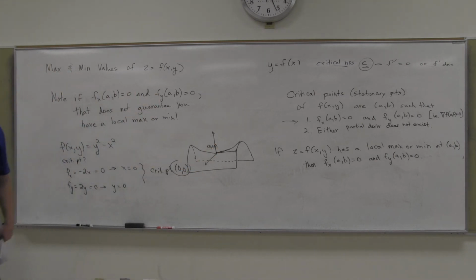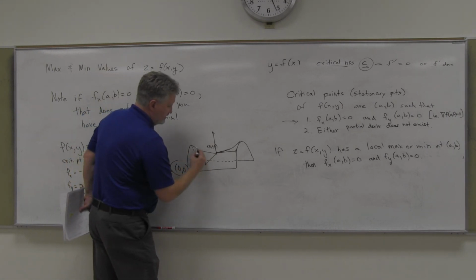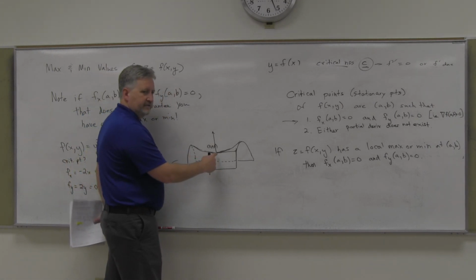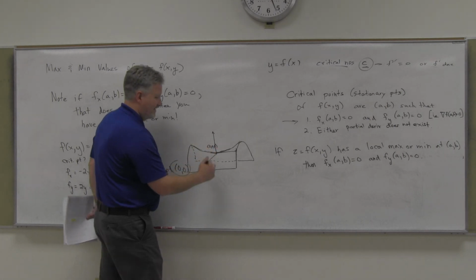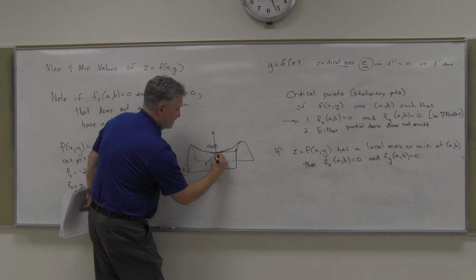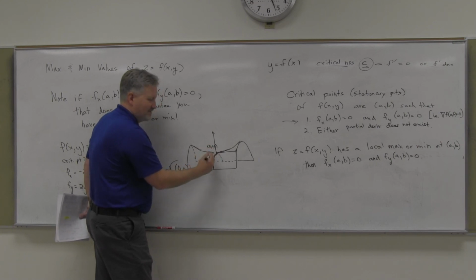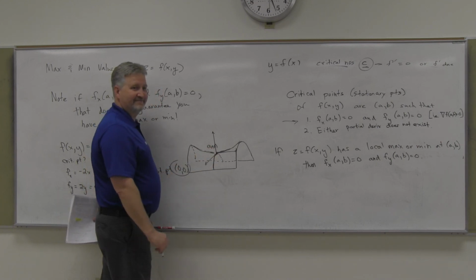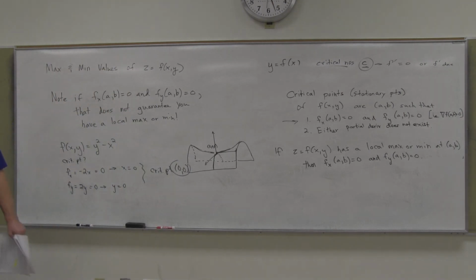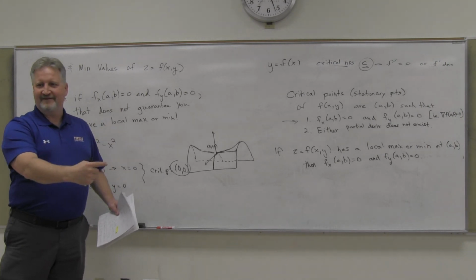Notice though, it is not a minimum and it's not a maximum, because you look at it here and say, oh, it looks like it's a minimum, but it's all points around it. If you look at this cross section here, from that perspective, it looks like a maximum. See that? So it's a minimum this way, but it's a maximum going this way. So which is it?